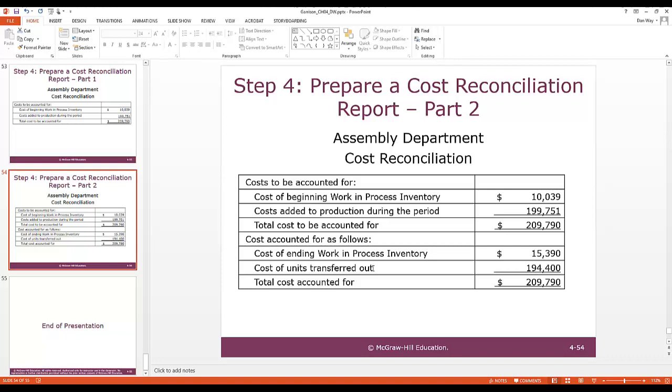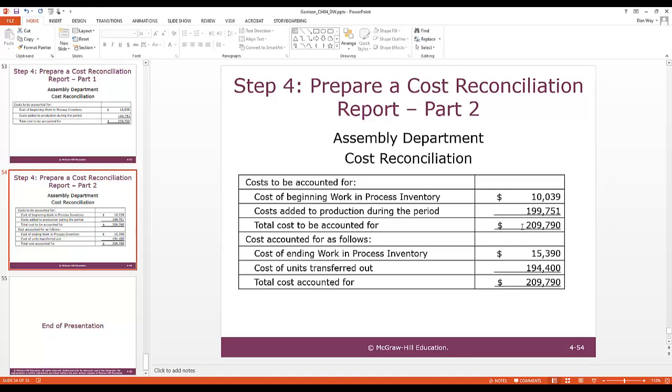So we had factored that by the total unit cost or the unit cost for materials and conversion separately. Either way, we came up with the same number of $194,400. So when we add those costs together, we get the same $209,790 equal to our total cost to be accounted for.